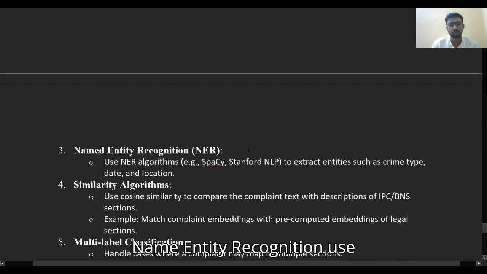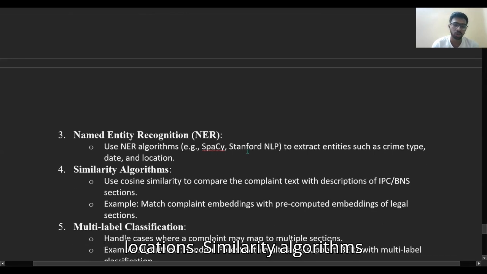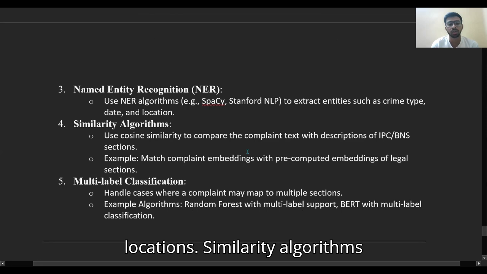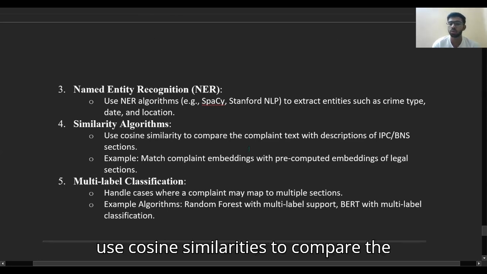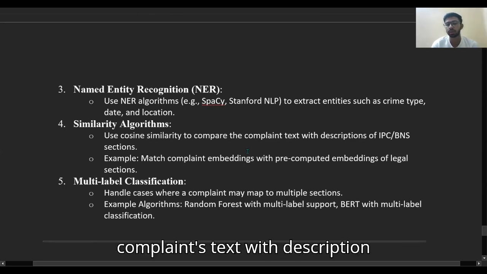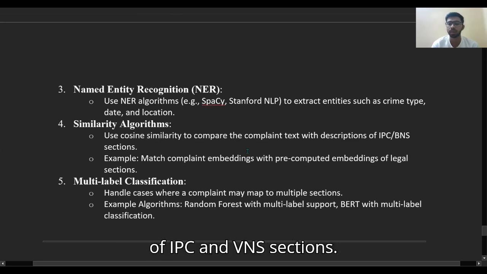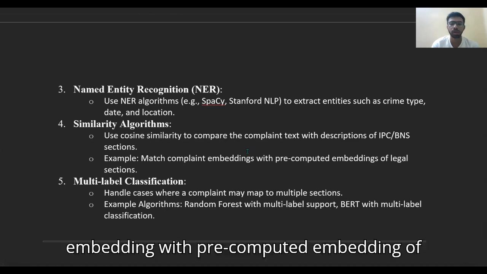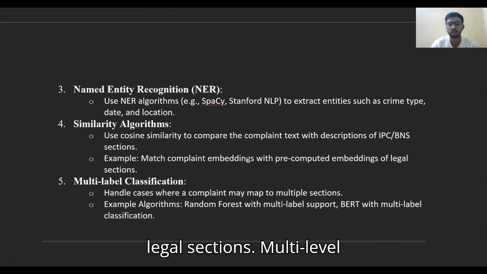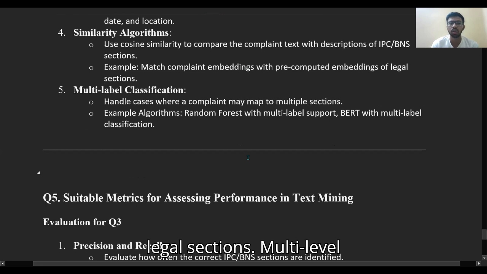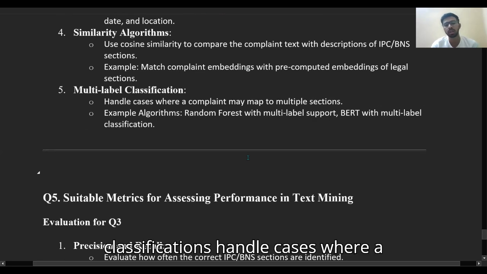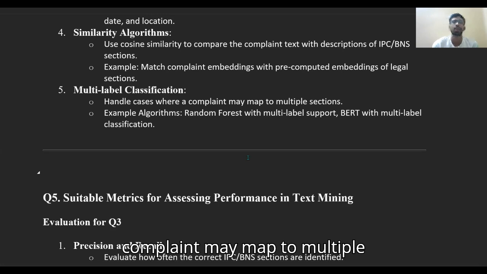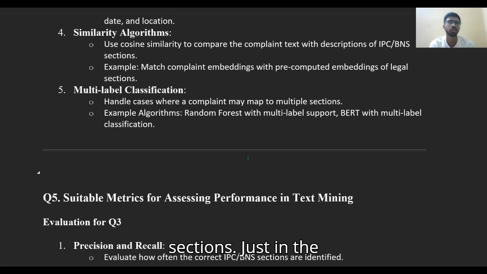Named entity recognition: we use NER algorithms to extract entities such as crime type, date, and locations. Similarity algorithms: use cosine similarity to compare the complaint text with descriptions of IPC and BNS sections. Example: match complaint embedding with pre-computed embeddings of legal sections. Multi-label classification handles cases where a complaint may map to multiple sections.